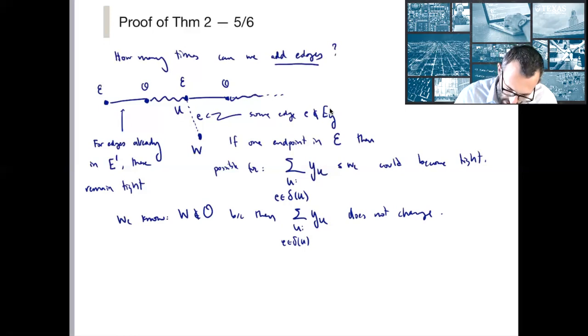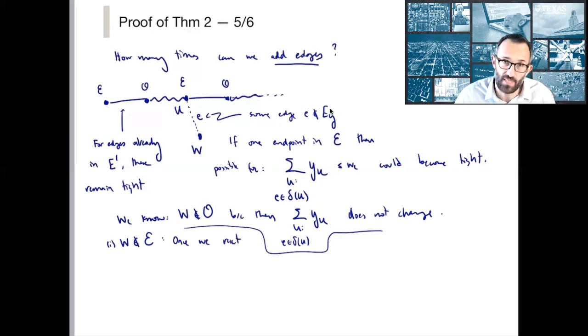So let's first take the second case where w is not an element of even. So note that once we reset or update y in this way, what happens?